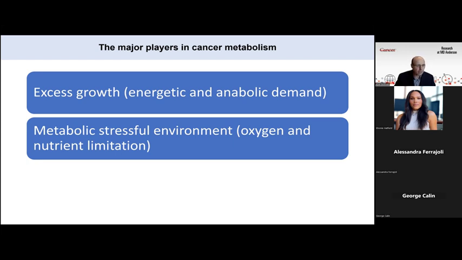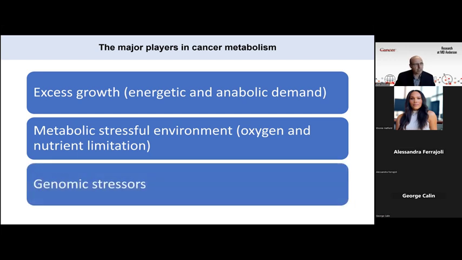And finally, very interestingly, it connects genetics and metabolics, putting together elements of genetics and metabolics. There are oncogenic and tumor suppressor mutations in genes that are metabolic enzymes.